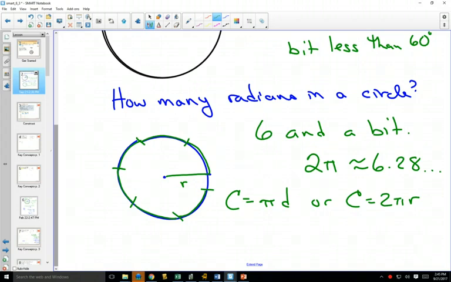Your circumference formula is telling you right here that you have 6 and a bit radiuses all the way around. And so, how many radians are there in a circle? Exactly, there are 2 pi radians in a circle.